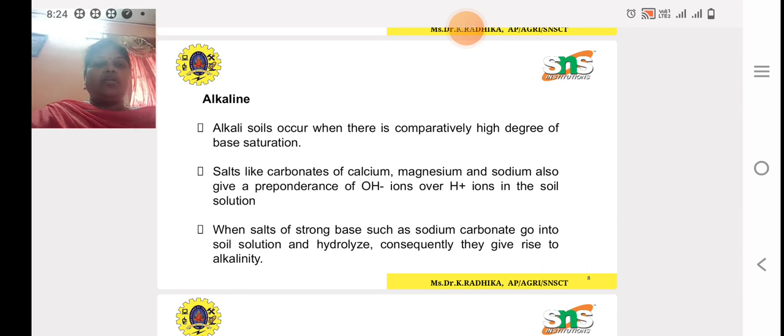So what are those ions? Calcium Ca2+, magnesium Mg2+, and sodium. These are responsible for the alkaline condition. When salts of strong bases such as sodium carbonate go into solution and hydrolyze, they give rise to alkalinity.